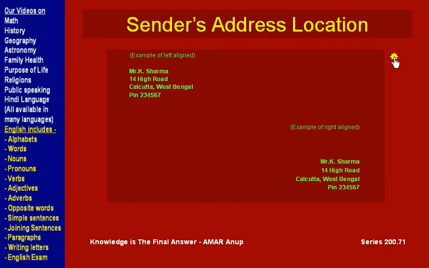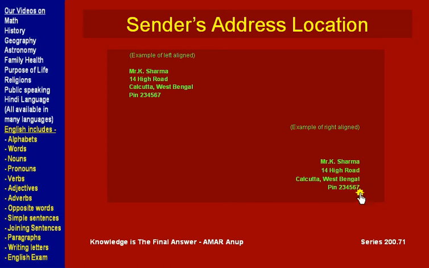Here are two examples of sender's address. One is left margin aligned. This is called left margin aligned. This type of sender's address is written in countries like America. The other type of sender's address is written aligned to the right margin. See, this is the right margin.